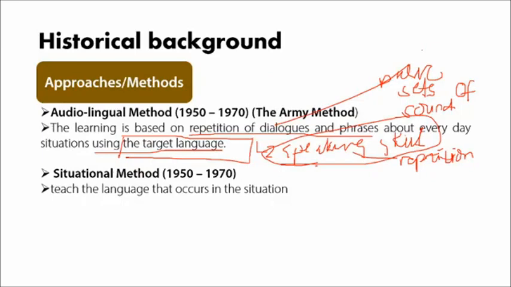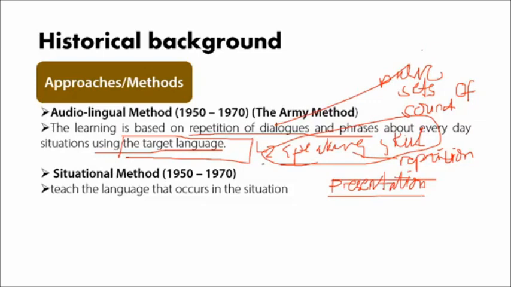This is similar to a structuralist view, but the situational method emphasizes the presentation of the structure. If the structuralist view focuses on the structure itself, the situational method focuses on how you are going to present the structure in a certain situation.